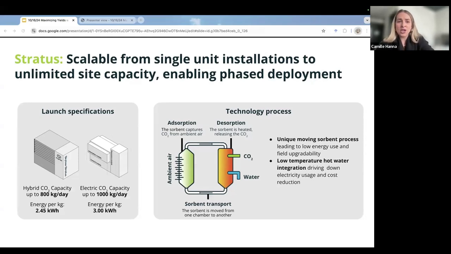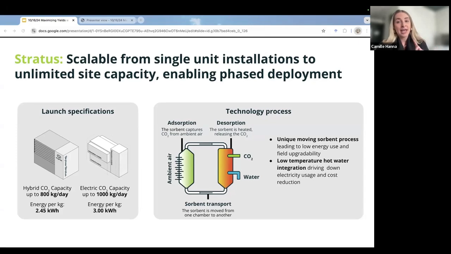And I do just want to note, I think when people think of direct air capture, they think of very high electricity consumption and high cost. And we are very focused as a company to innovate on our sorbent specifically, so improving the efficiency of our capture material, which will bring down the electricity consumption per kg significantly.